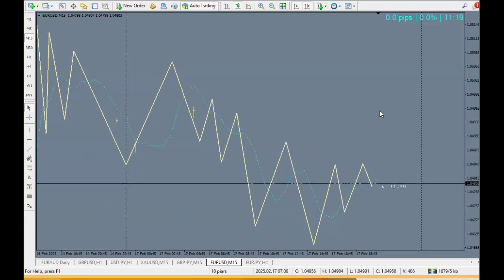Where's Aussie USD? Price is at the top here.